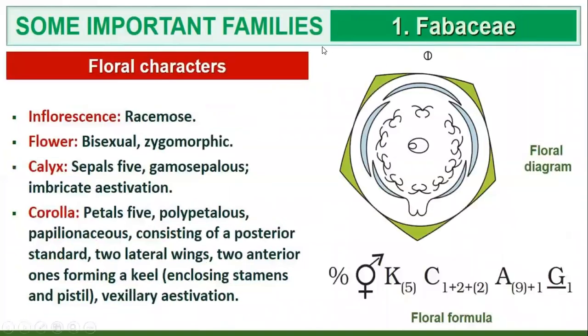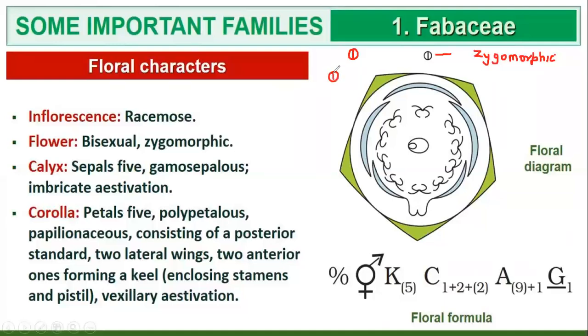When we talk about the next one, floral characters. You can look at the diagram and understand most of the things. This symbol indicates that the flower is zygomorphic. Why? Because there is a circle and a straight line.